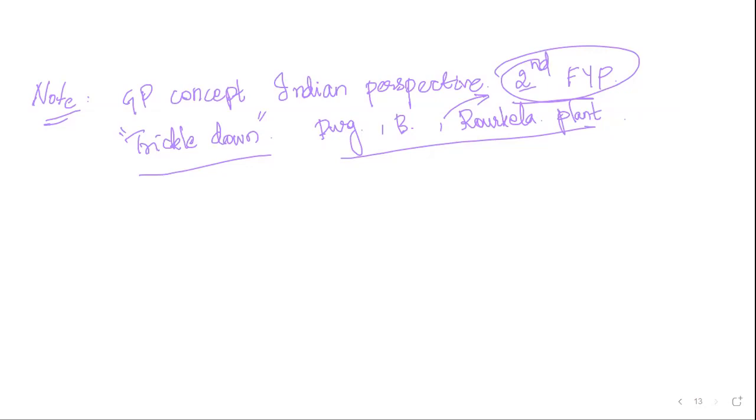The second point: the growth pole kept on growing at the cost of the surroundings. In bracket, you can write backwash effect. This has led to desertification of the surrounding areas, or drainage of resources from the surrounding areas, and all the resources get concentrated only in the growth pole. So that is the second major defect.